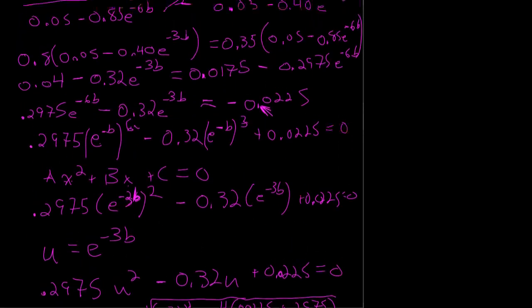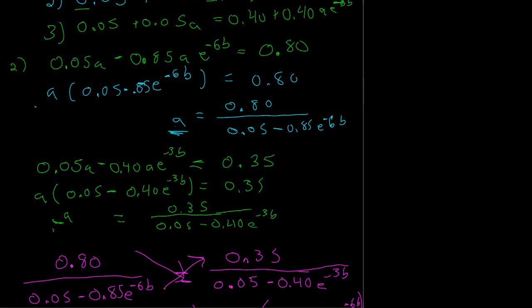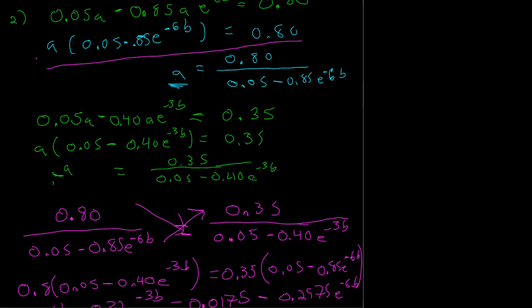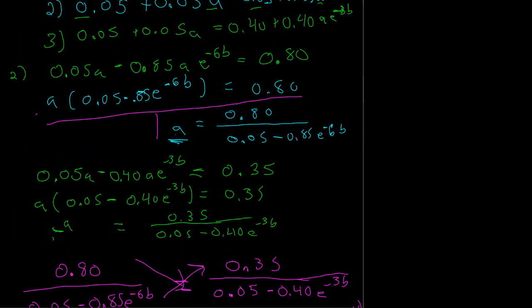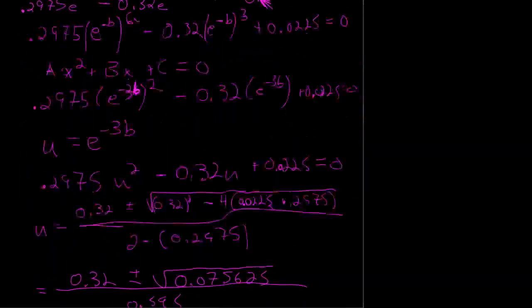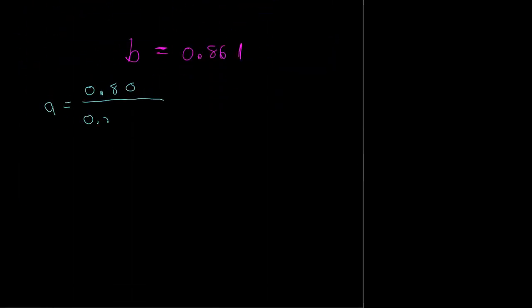So I'm going to come up here and I want to find A. I'm going to take this one right here and find A. So A is equal to 0.80 divided by 0.05 minus 0.85 e to the negative 6b.